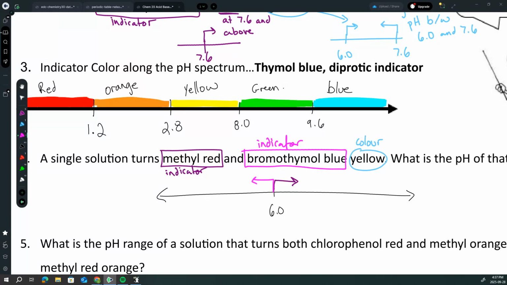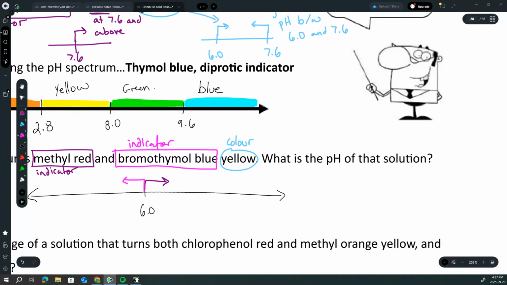Now, since there are no closest two arrows pointing towards each other, we got to go with the overlap area, which is going to be right at 6. So the pH of the solution is 6 exactly.